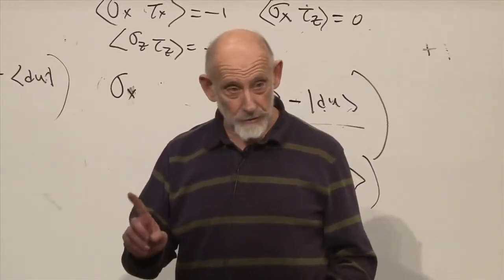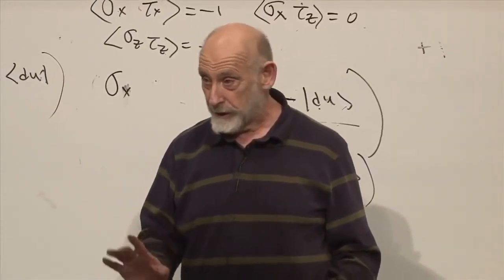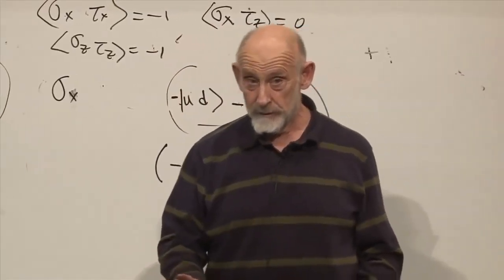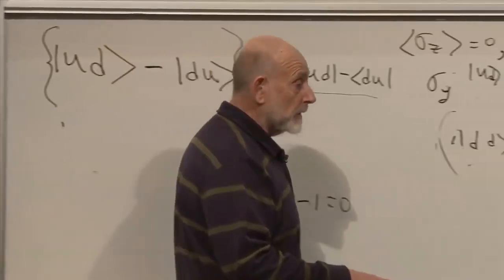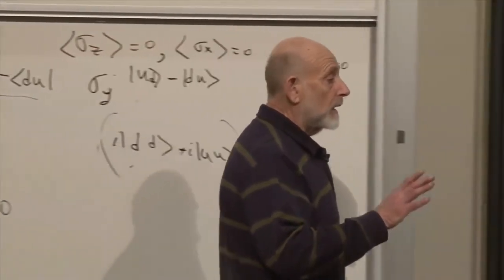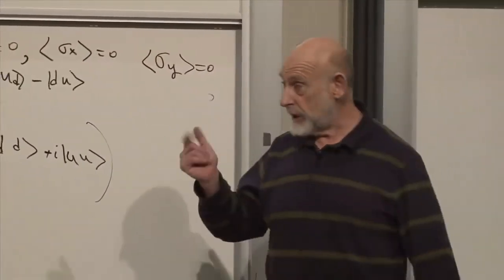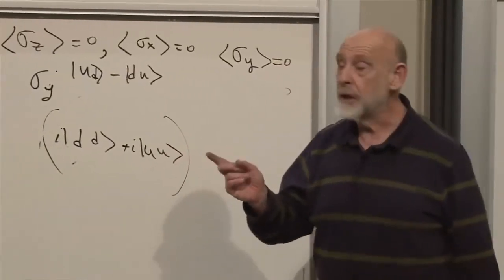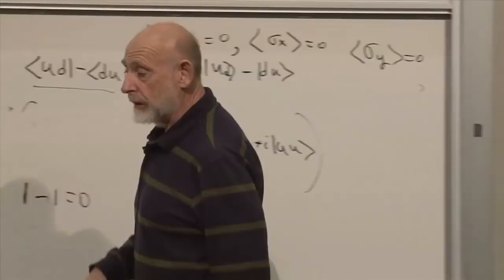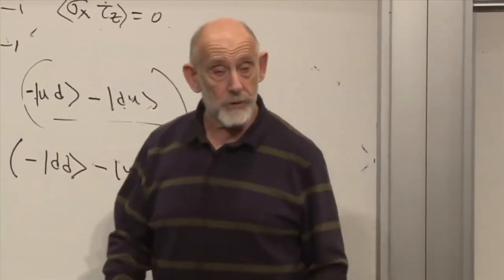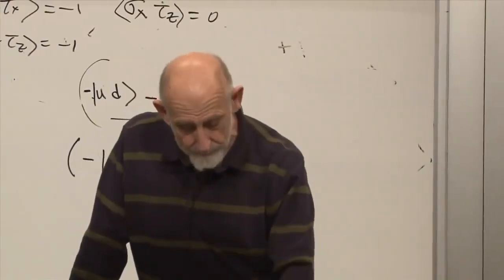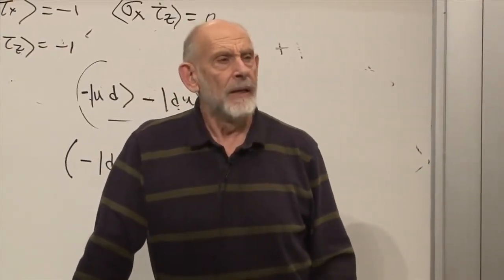I assure you that does not violate the special theory of relativity. This kind of correlation is called Einstein-Podolsky-Rosen correlation, or entanglement. This is the quantum version of that same penny and dime story.